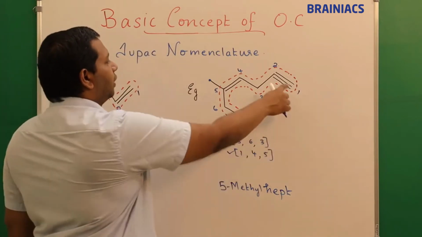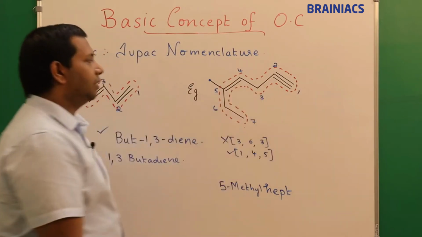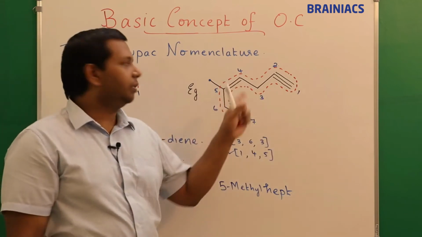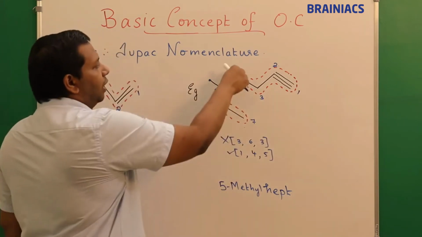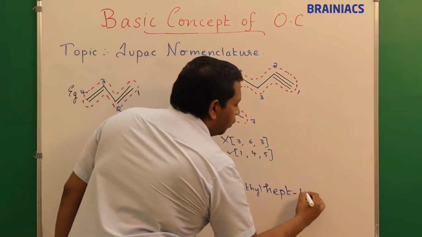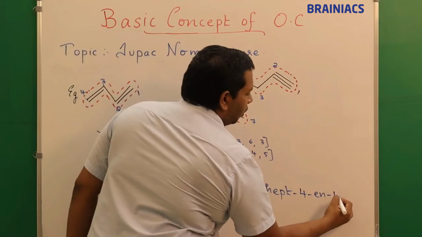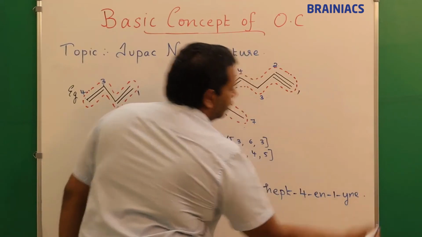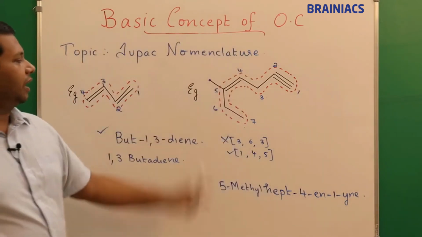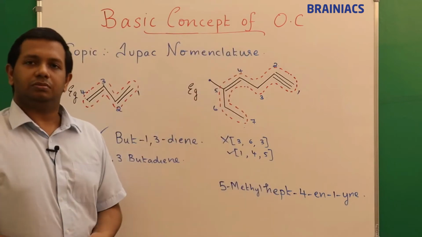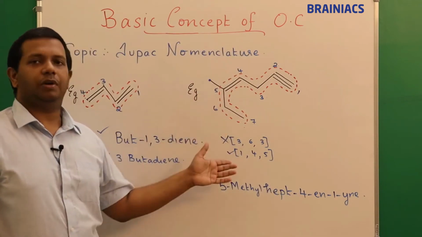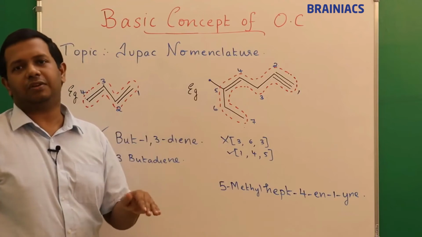You can see a double bond and a triple bond are present in the parent carbon chain. We know ene and yne; alphabetically ene should come first. So at the 4th position hept-4-en, then at the first position 1-yne. Correct? So I got the answer. This is how you identify the IUPAC name. I hope you understood. If you have any doubt, get back to us.